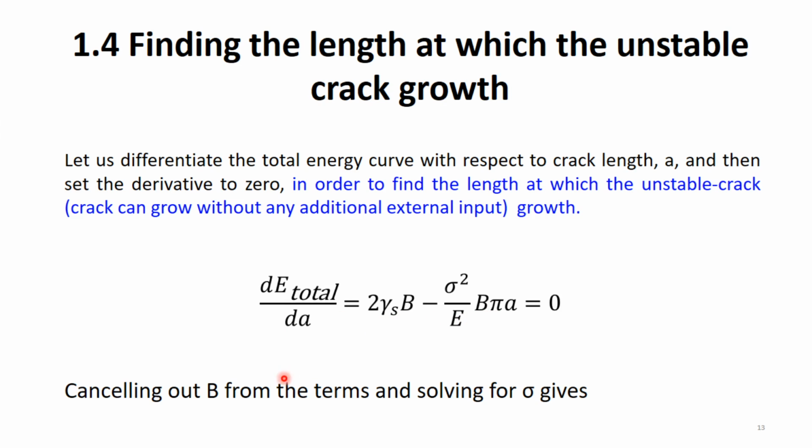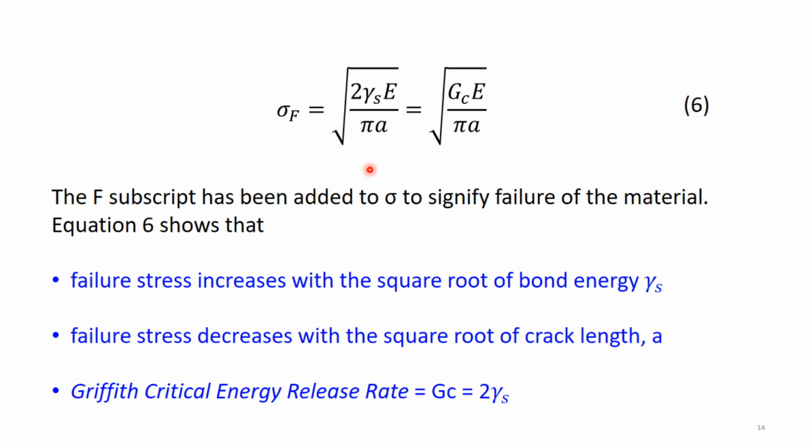Cancelling B from the terms and solving for stress sigma, we have the following expression given by equation 6. And this 2 gamma S can be replaced with Gc. The subscript F has been added to sigma to signify failure of the material.